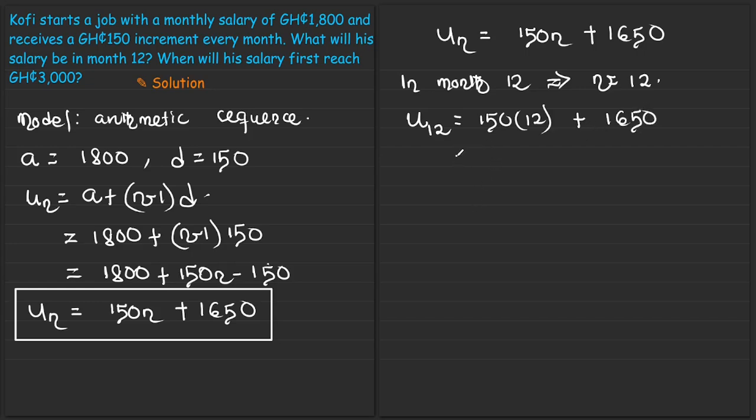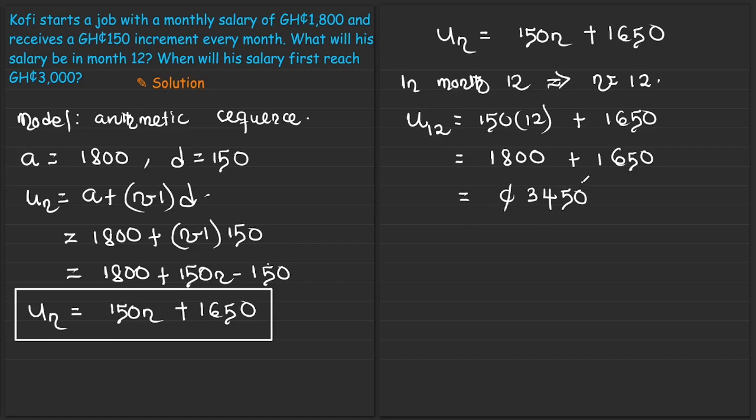Evaluating that, 150 times 12 gives us 1,800. So you have 1,800 plus 1,650. Adding that together gives us 3,450. So at the 12th month, this is the salary he is going to receive.